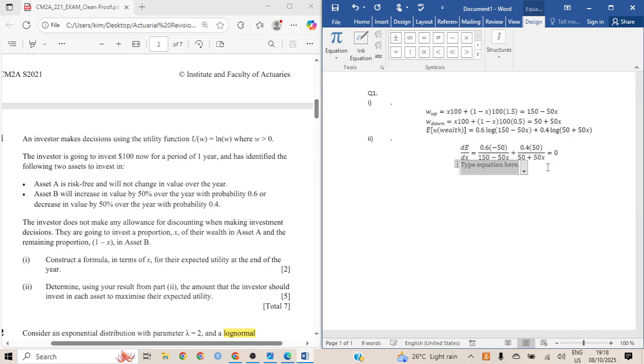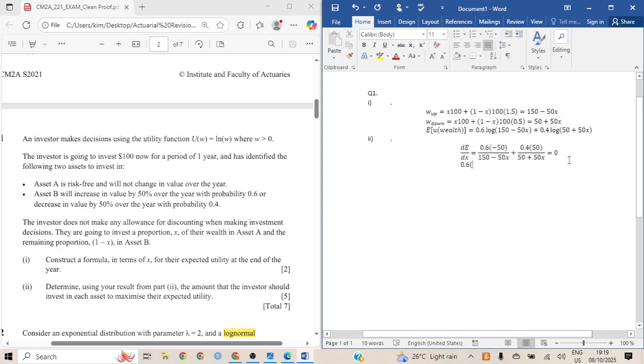We'll move the first part over the equal sign, and it will become positive.